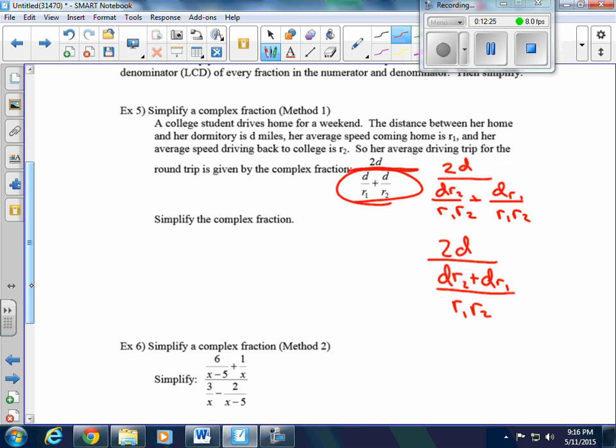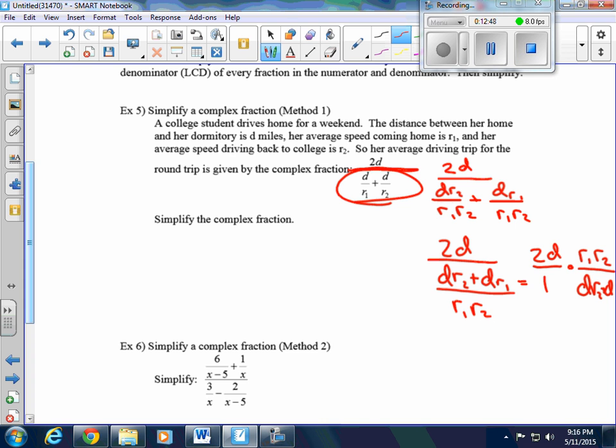And we know that division is the same as multiplying by the reciprocal. So if we do that, we're going to have 2d, and this is really over 1, times r sub 1, r sub 2 over dr sub 2 plus dr sub 1. Running out of space there.